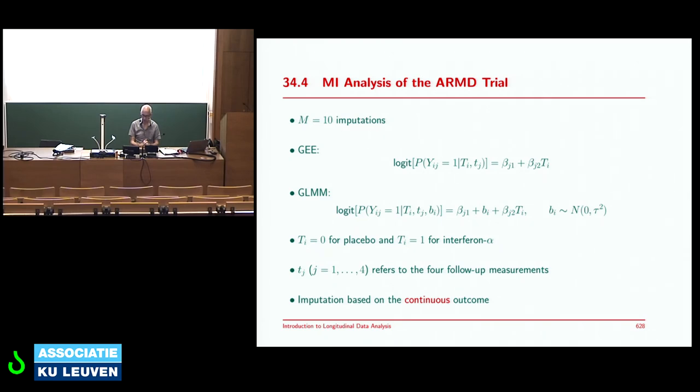Wasn't that good enough? What we did see in several analyses is that we can be losing quite a bit of efficiency. So maybe it's interesting to combine multiple imputation with GEE. A follow-up question is, do we still need to use weighted estimating equations? And the answer is no.